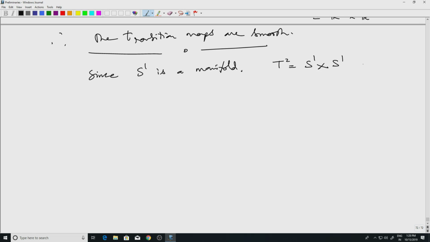S1 cross S1 is a two manifold. This S1 is a one manifold, so therefore this is a manifold of dimension 2.